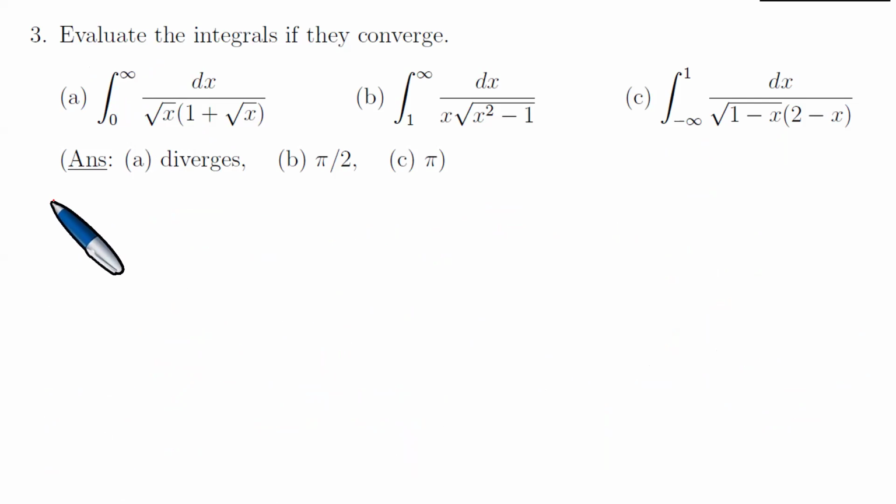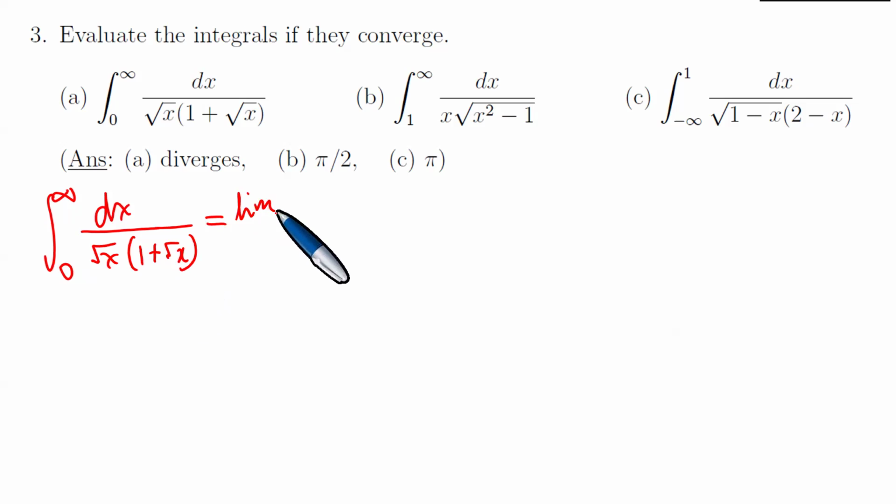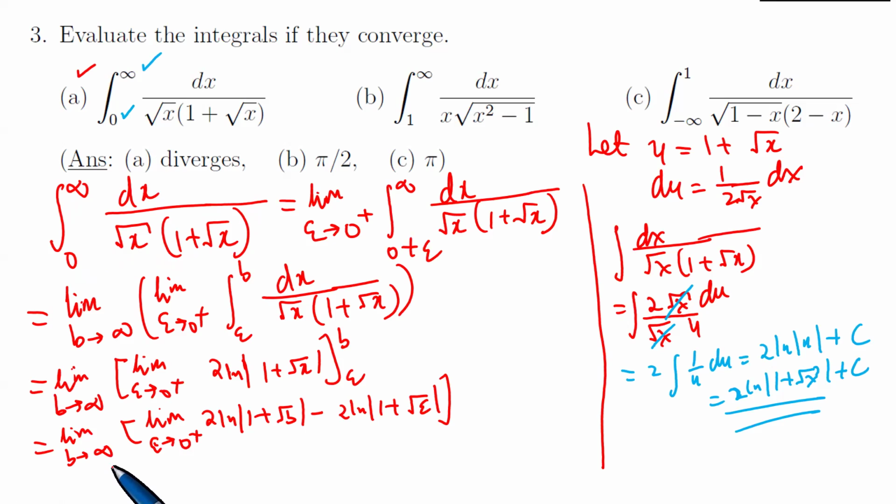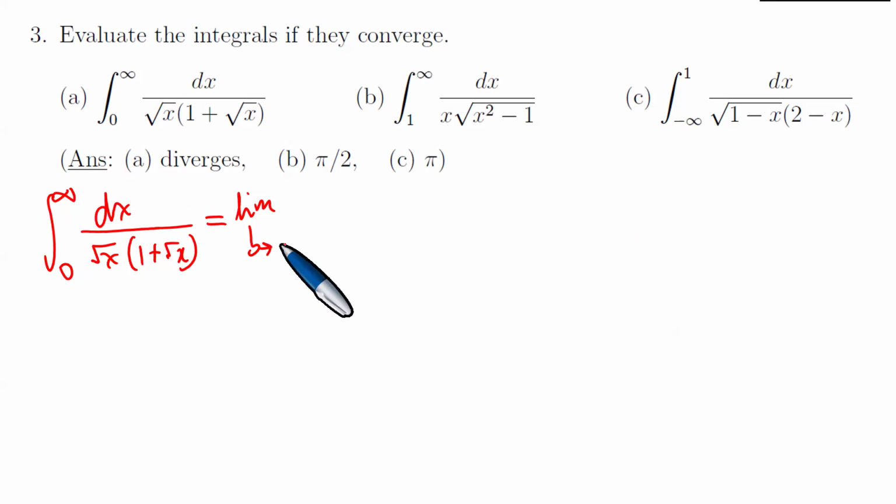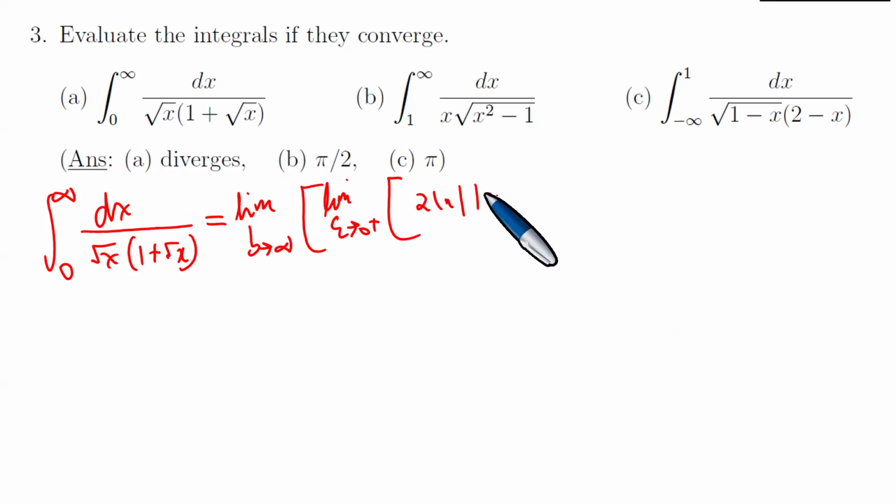Whenever we have this integral here, dx over the square root of x times 1 plus the square root of x, this is equal to the limit as b approaches infinity, but there's another limit as epsilon approaches 0 from the right, of 2 the ln of 1 plus the square root of b minus 2 the ln of 1 plus the square root of epsilon.